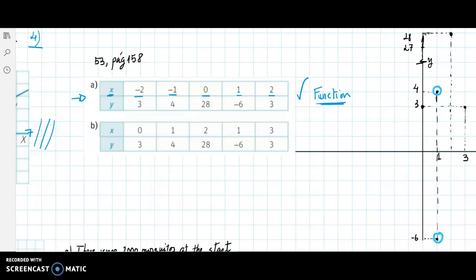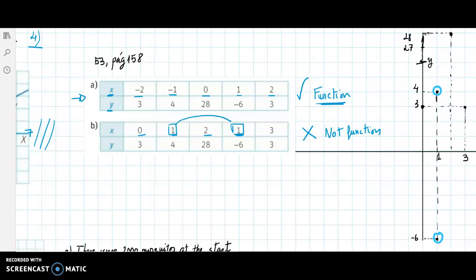Let's see the second relationship. 0, 1, 2, 1. We are repeating the number 1 in the x. When you repeat the same number in the x, this is not a function. Well, this is only for the x.